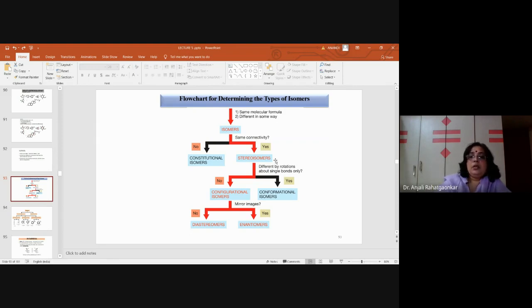Now, if the rotations are different about the single bond, if yes, they are conformational isomers. If no, they are configurational isomers. In configurational isomers, if they are mirror images, yes, they are enantiomers. If they are not mirror images, they are diastereomers. One more point I would like to add, that the mirror images are non-superimposable. All right.